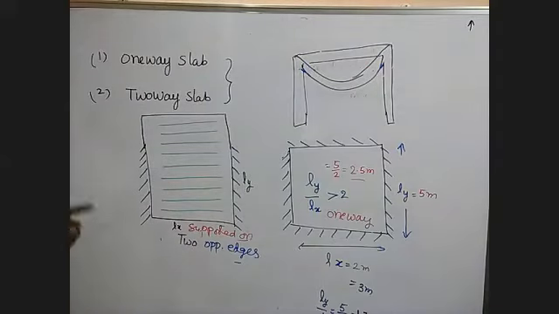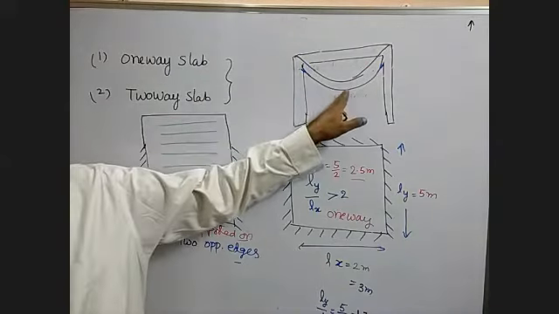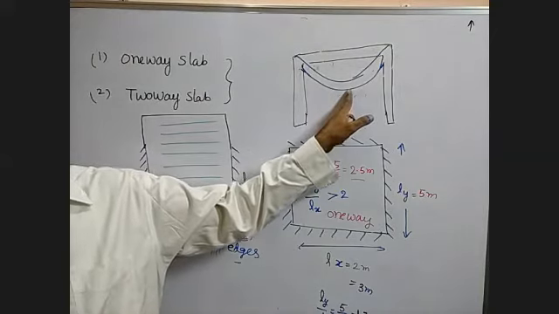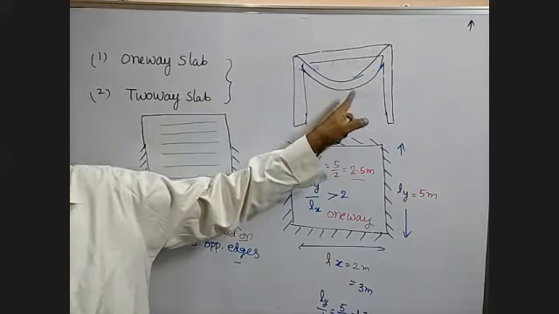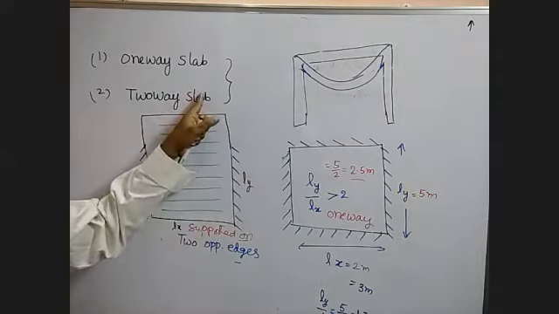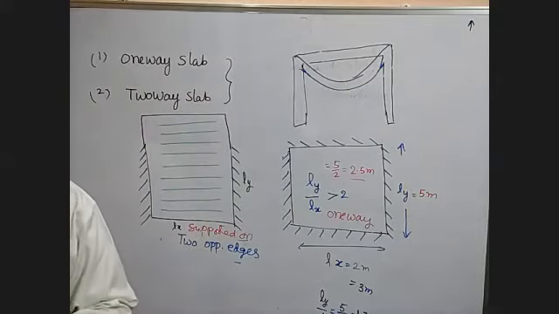So here for one-way slab, the bending is in one direction only. The spanning in one direction means we have bending in one direction only. Two-way slab means the bending in both directions, x direction as well as y direction. That is the difference between these two.